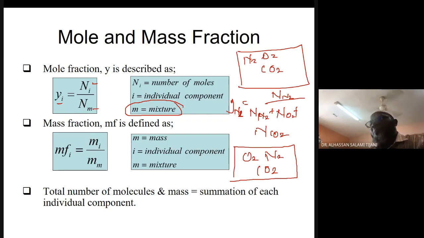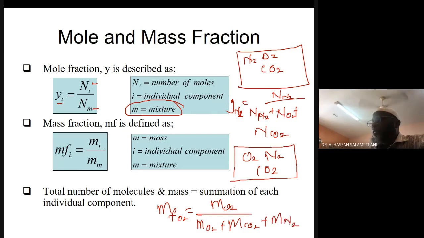If I want to find the mass fraction of oxygen, this gives me the mass of oxygen present in the mixture divided by the mass of oxygen plus the mass of carbon dioxide plus the mass of nitrogen. So this is the calculation of all these things.